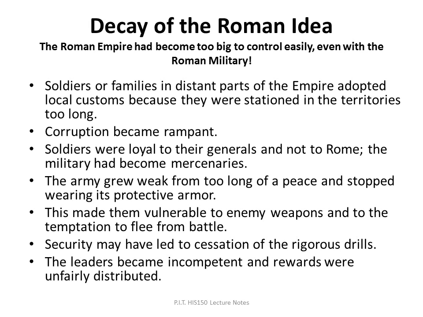And these are essentially mercenaries. These are people who are paid to fight. Some of them are absolutely patriotic, but these guys are making a heck of a lot more money than your average soldier who is a Marine or an Army sergeant in the United States military. The Army grew weak from too long of a peace and stopped wearing its protective armor.